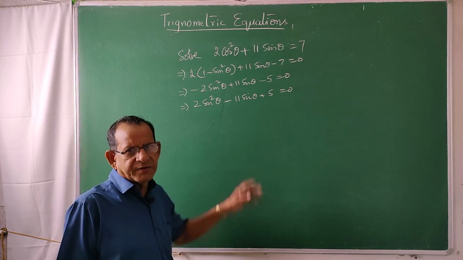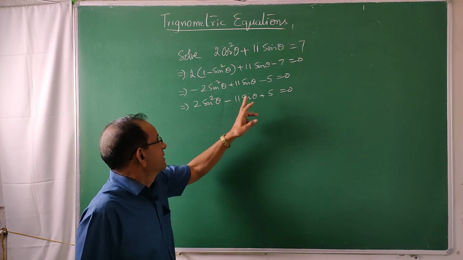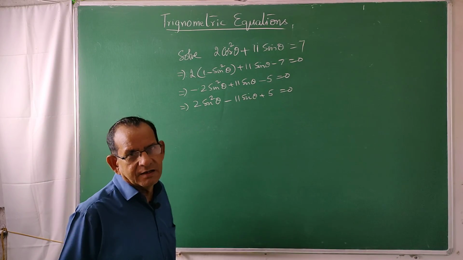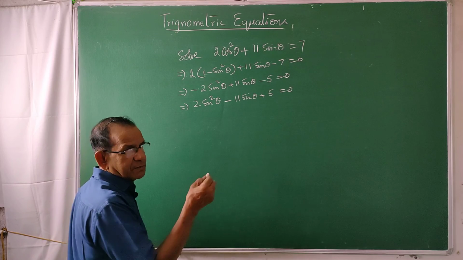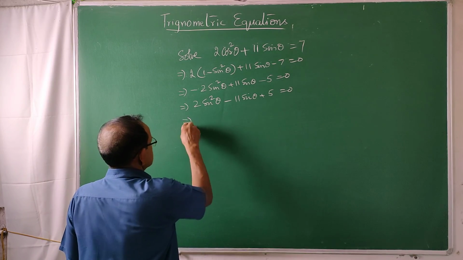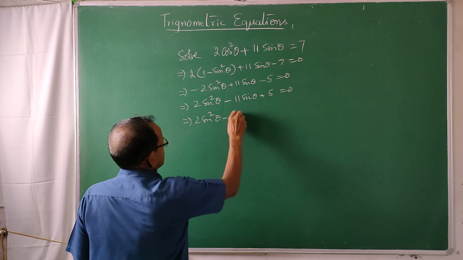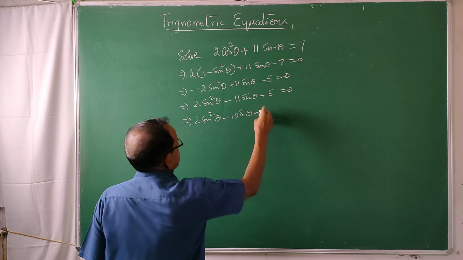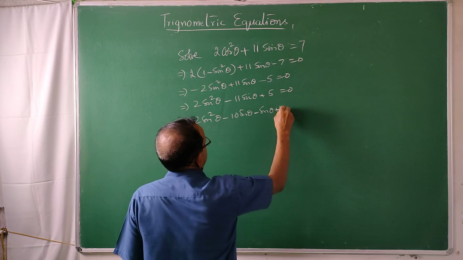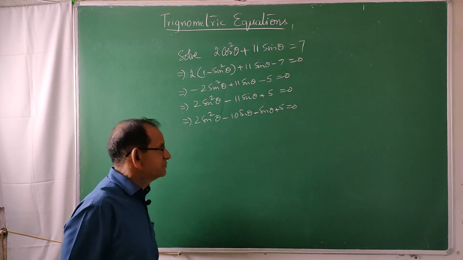Now let us factorize this equation by splitting the middle term. 5 into 2 is 10, so I will write the two numbers as 10 and 1. So 2 sin square theta minus 10 sin theta minus sin theta plus 5 equal to 0.